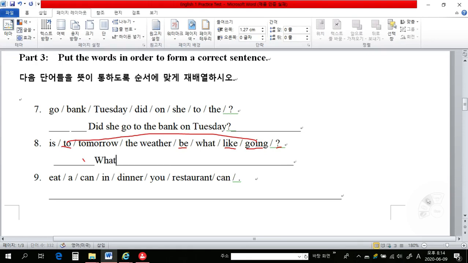I'm going to give that a capital letter. So we know that word, what. We know going to. And usually the time words go at the end, so I might put that at the very end right here. Good. What going to like tomorrow?